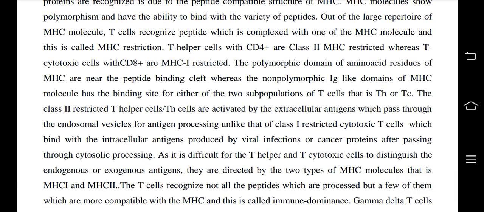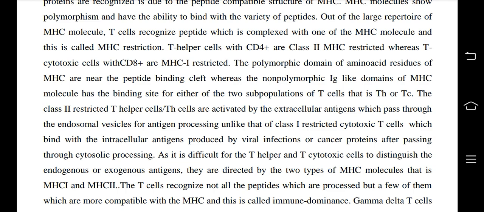T helper cells with CD4 plus are class 2 MHC restricted, whereas T cytotoxic cells with CD8 plus are MHC1 restricted. The polymorphic domain of amino acid residues of MHC are near the peptide binding cleft, whereas the non-polymorphic Ig-like domains of MHC molecule have the binding site for either of the two subpopulations of T cells, that is Th or Tc.